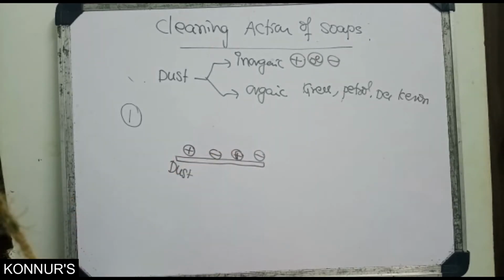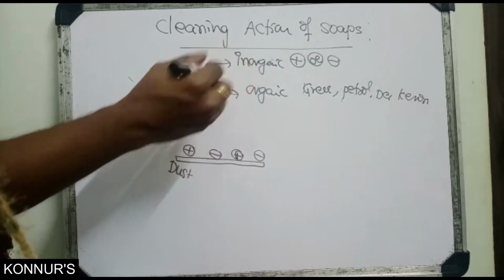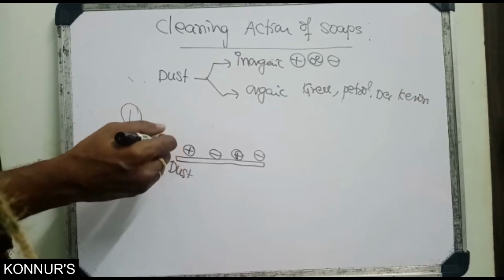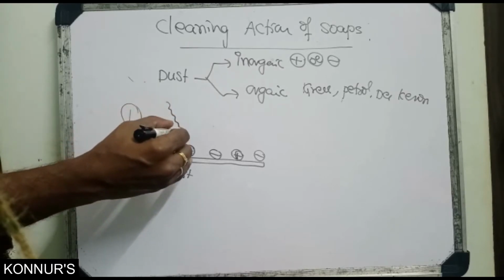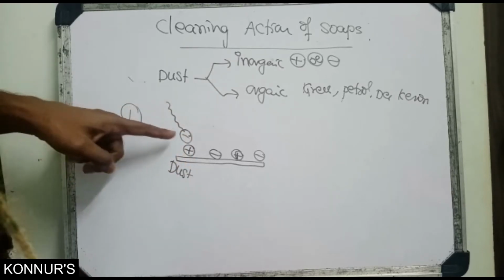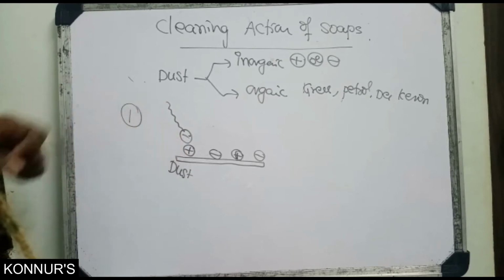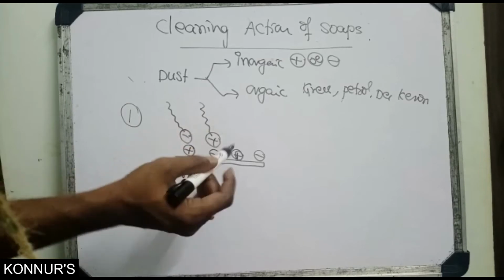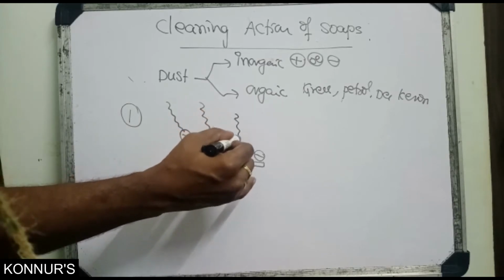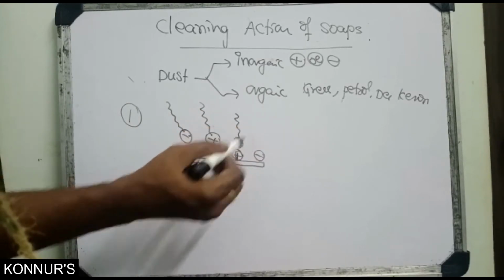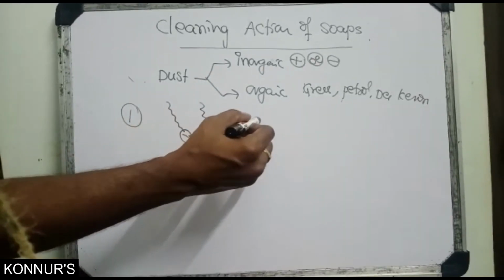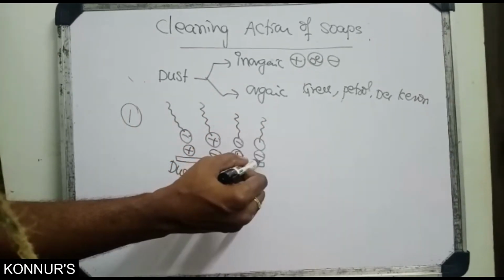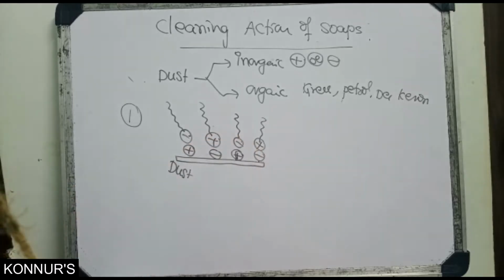Now what happens? We treat it with soap. The soap contains the hydrocarbon with negatives. Negatives are neutralized with positive, positive soap particles are neutralized with this, positive dust is neutralized with negative soap, and negative particles are neutralized with positive.